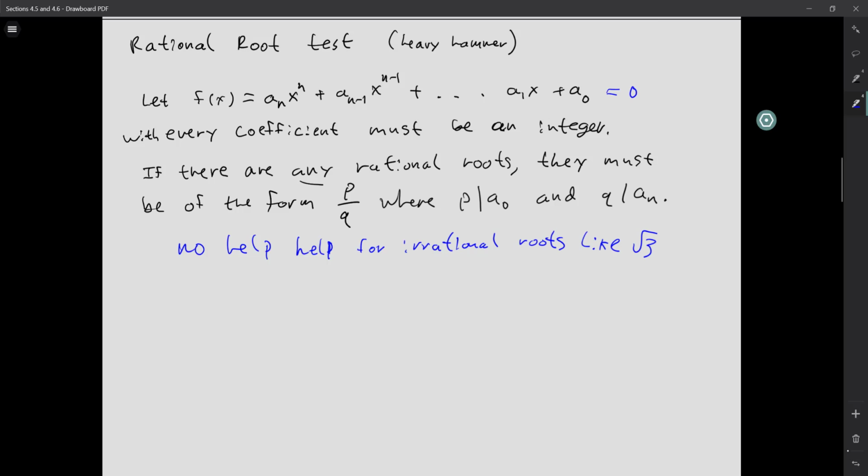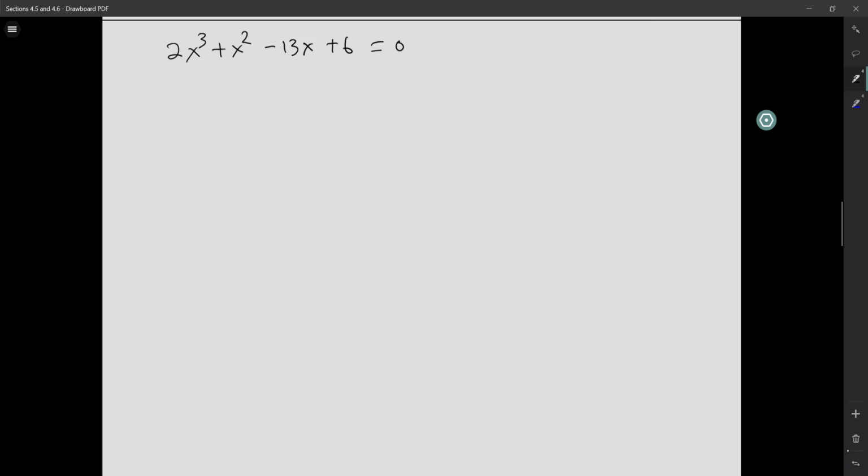So let's take our polynomial and we'll do the rational root test on it. Let's see, we've got 2x cubed, the one we started with, plus x squared minus 13x plus 6. We're setting equal to 0 because we want to find out what the roots are. And let's see what this says. We are looking for possible rational roots.